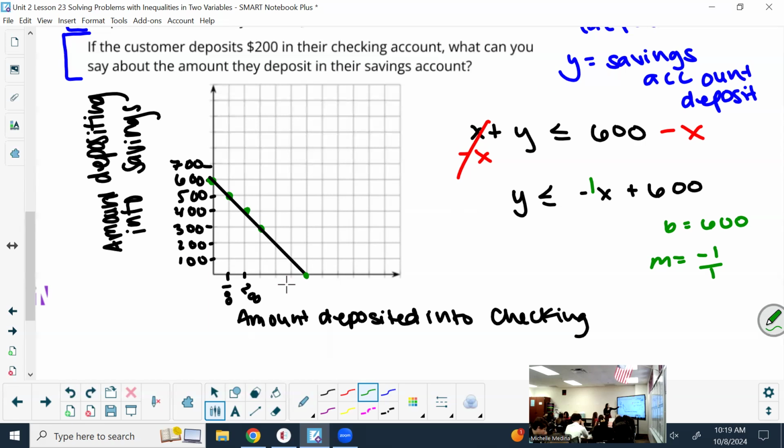So it should be solid. All right, but now you need to shade either above or below. So you could use what I told you earlier to know, or you could also think about it logically. If the max that they can deposit into both is 600, should I shade above or below?